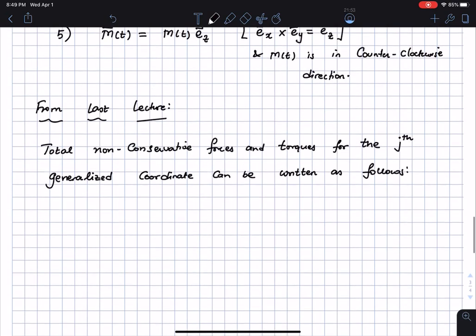Okay, we have Qj non-conservative, which is first of all Qj non-conservative forces plus Qj non-conservative due to the torque.